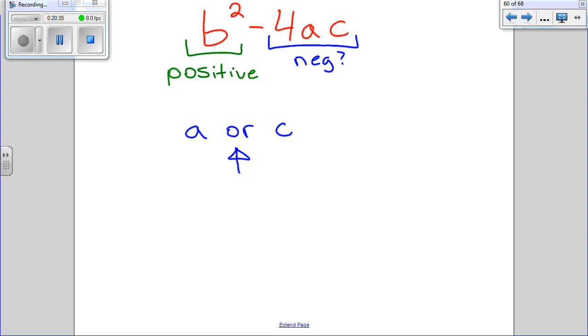So, for instance, in our regular speech, or could mean both, or it could be different. If your parents were like, "You do your homework or you're grounded," those are two exclusive things. You either did your homework or you got grounded. You couldn't have both of those things happen.